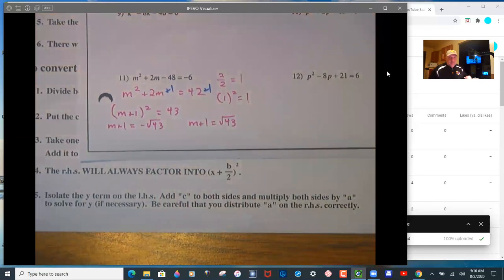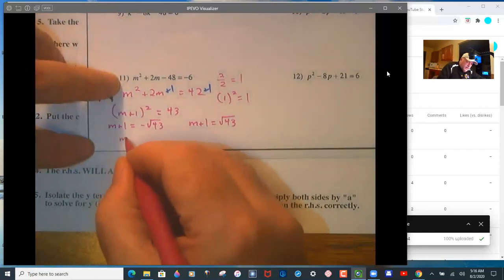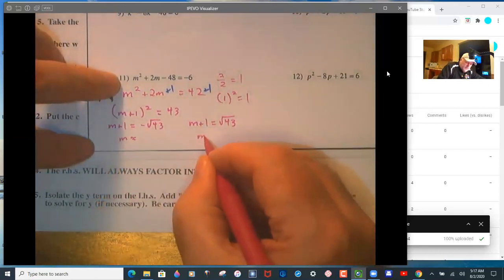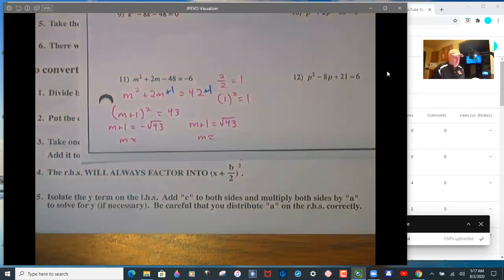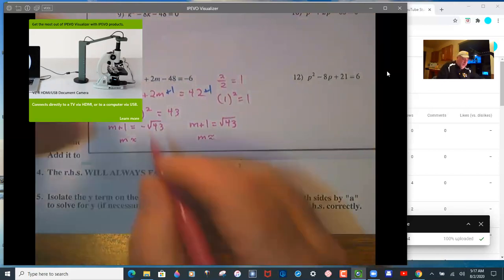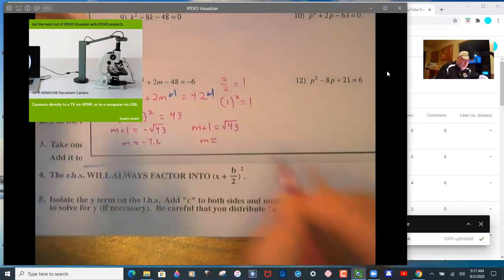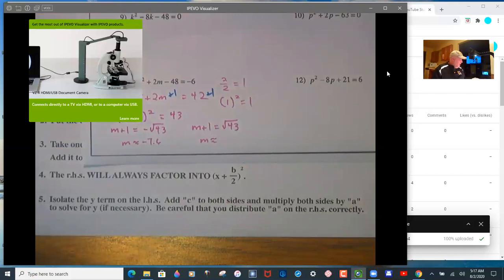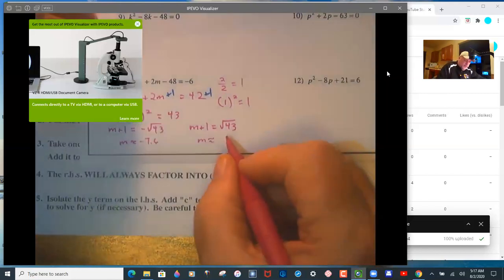And I'm going to punch this out on my calculator and just round it. So it's negative square root of 43 minus 1. So that would be negative 7.6. And then square root of 43 minus 1, which would be 5.6.